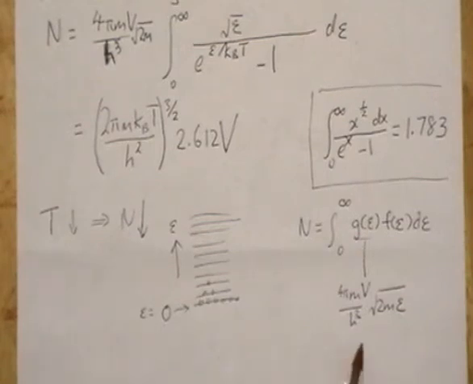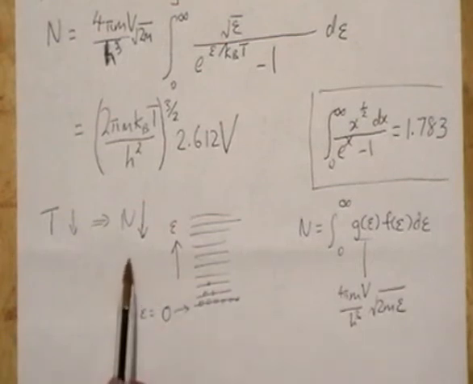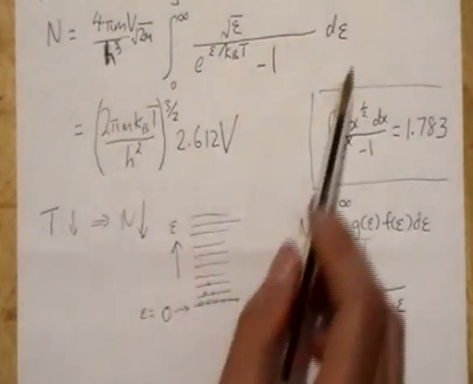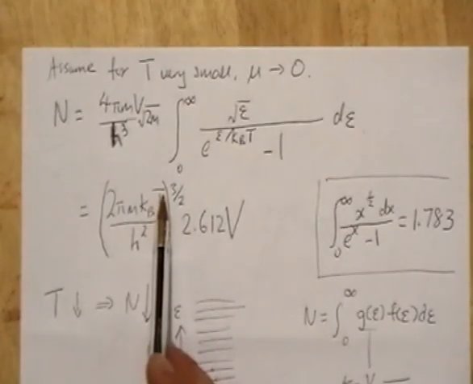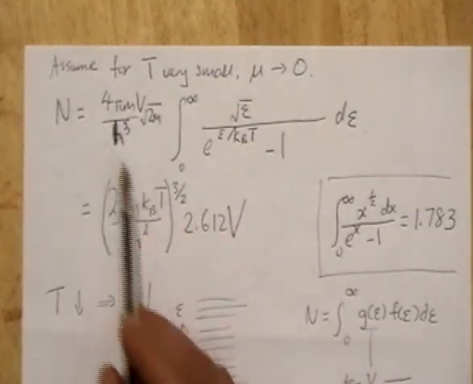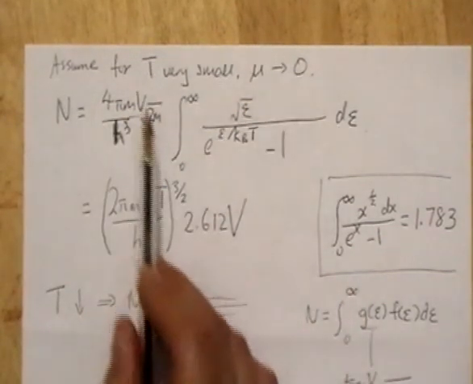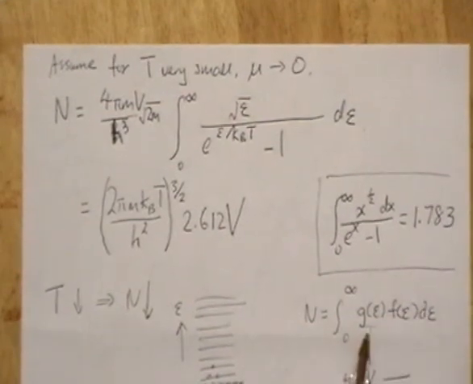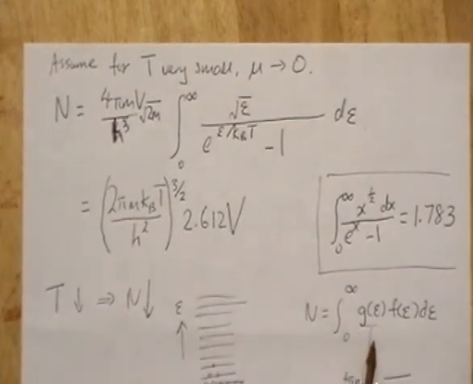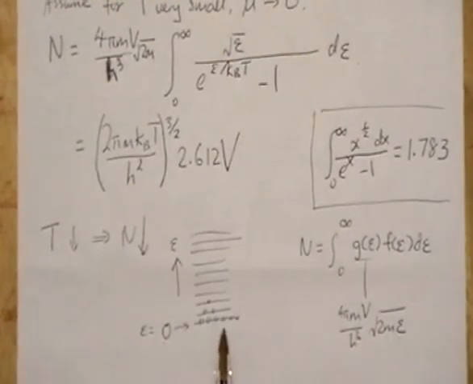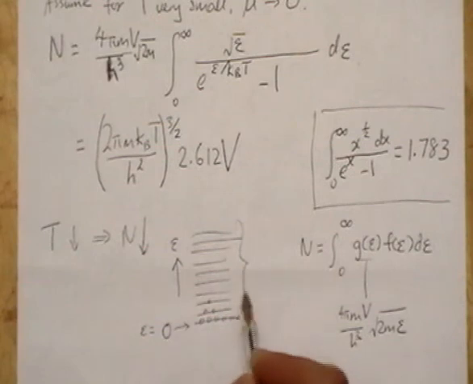In this way, with this understanding, we can explain why this number n decreases, because this number n is really this integral that we're talking about, with the mu set to 0 at low temperature. We know that this integral only gives us the particles above 0 energy, only the particles up there.